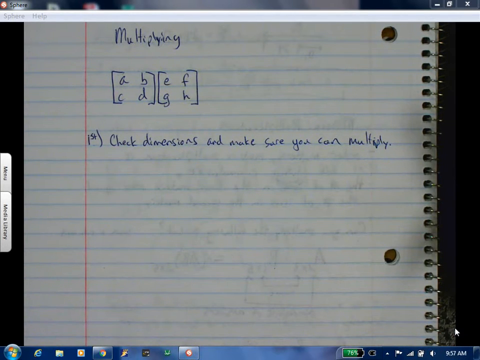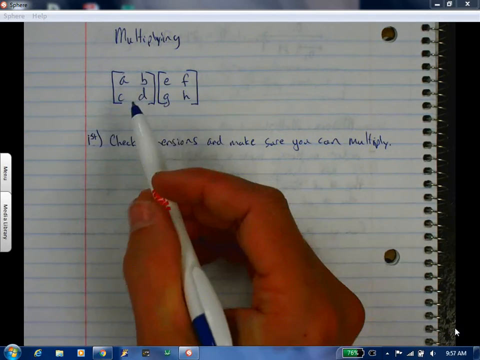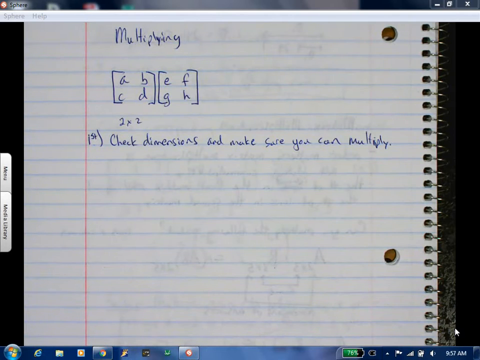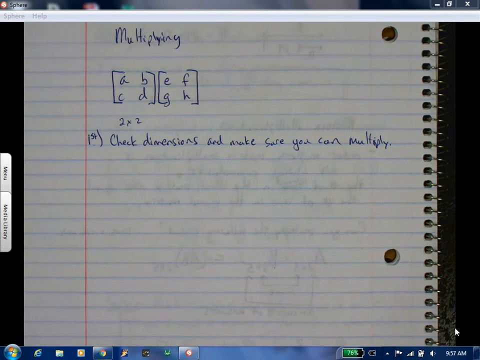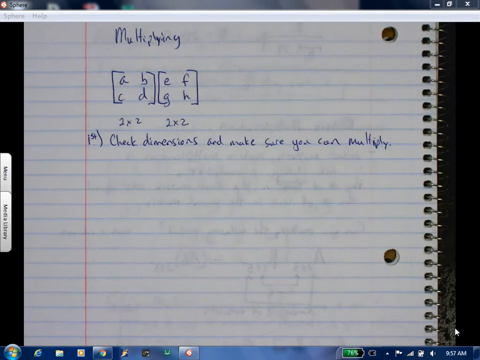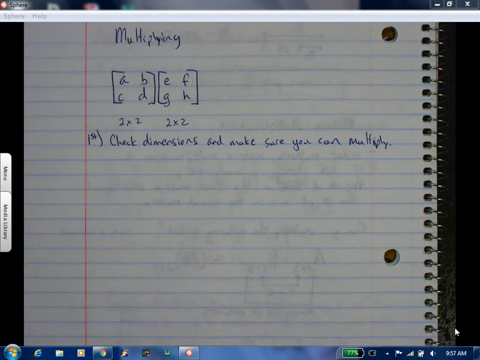Dimensions of the first one is 2 by 2. Second one, also a 2 by 2. So we're allowed to pass go and collect $200 on this one. And our answer is going to be what size? 2 by 2. Okay.